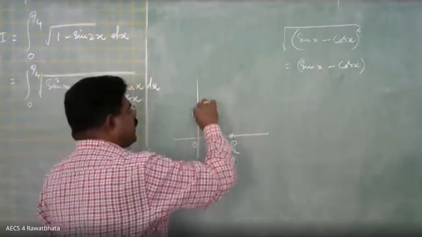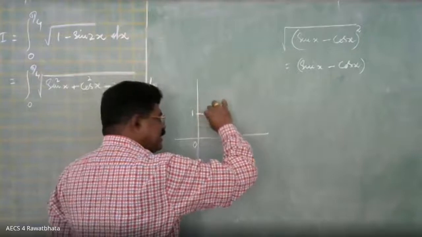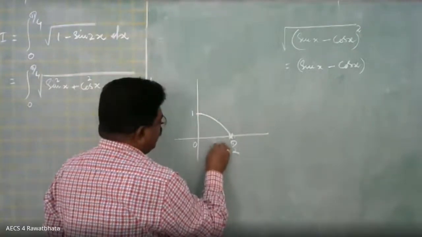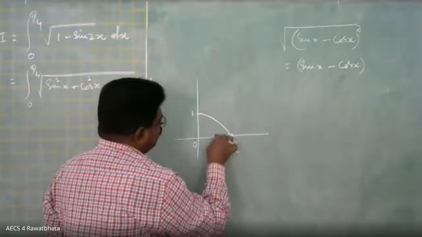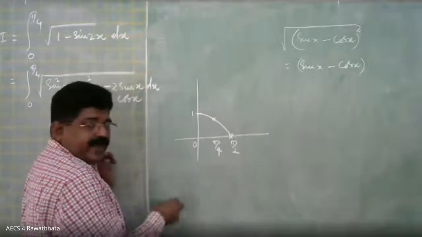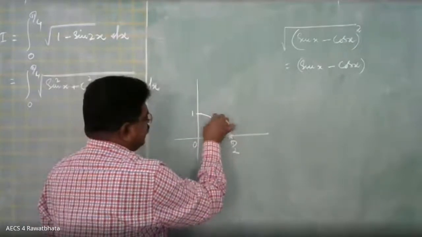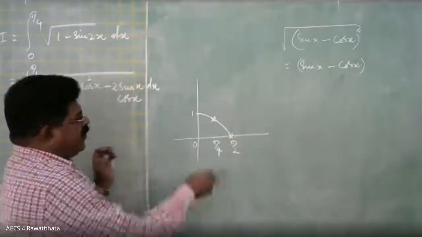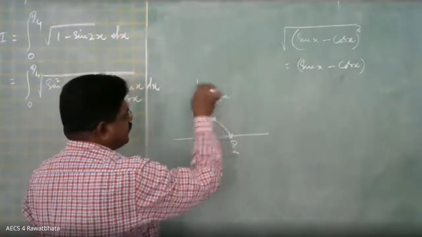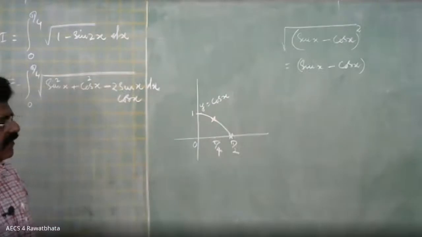Cos 0 is 1, cos pi by 2 is 0. Pi by 4 is here, so cos pi by 4 is 1 by root 2. This is the graph of y is equal to cos of x.